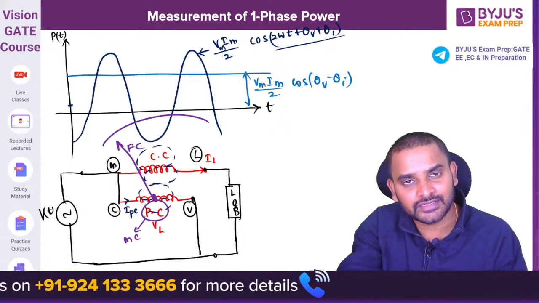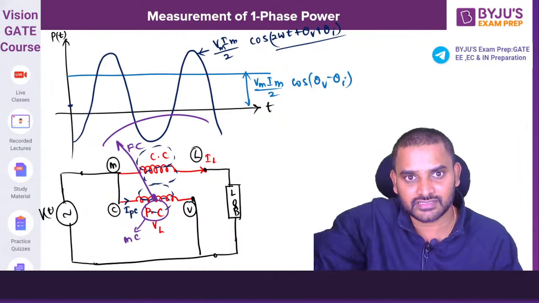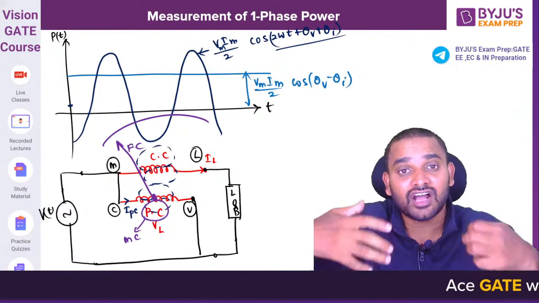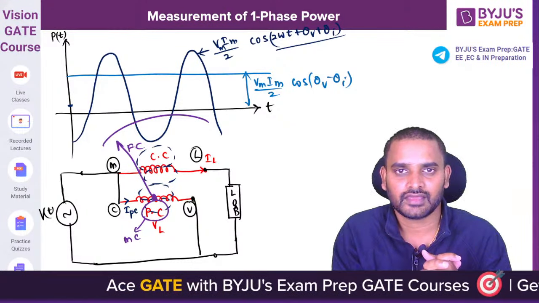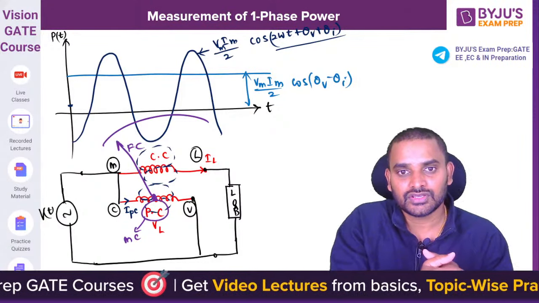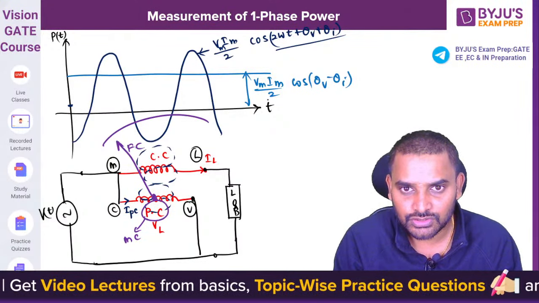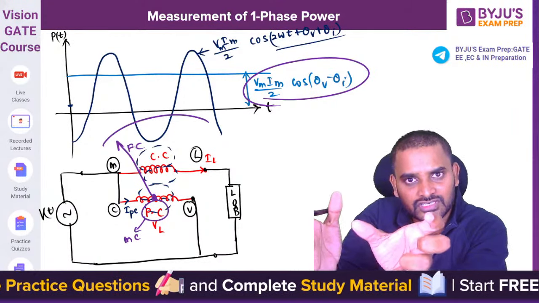to the constant term. We will also be getting the deflection due to the double frequency term. On an average, how much deflection is going to take place in this wattmeter is the question. If due to this component, we will be getting a constant deflection proportional to that value.